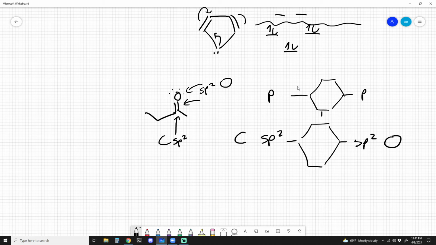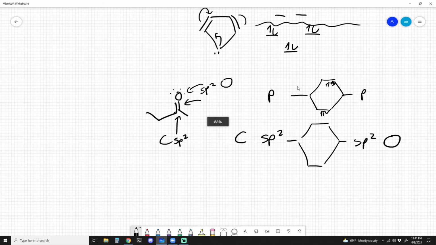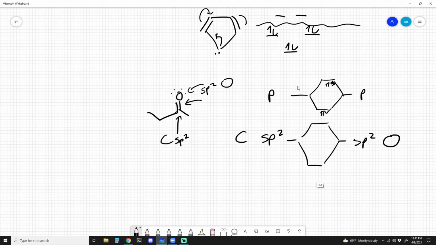So this is our pi bonding, pi antibonding, sigma, and sigma antibonding. So we have 1 electron in each, right? Those fill up the sigma, this fills up the pi, and so there's where you get your 2 particular bonds.